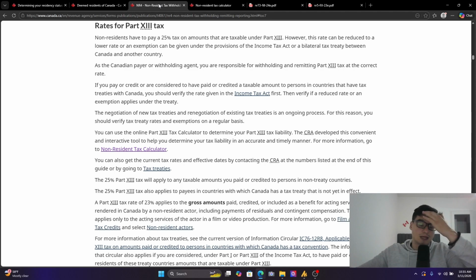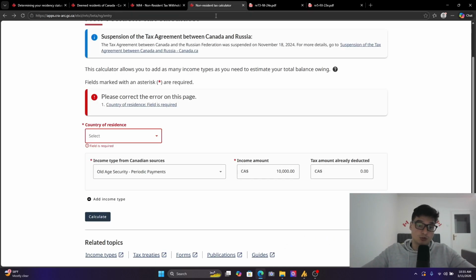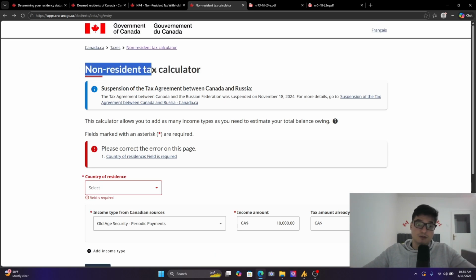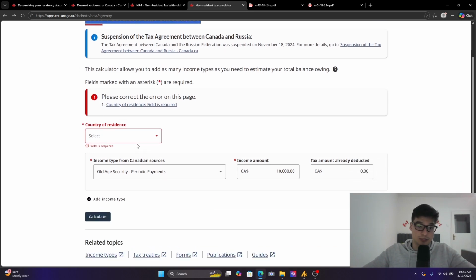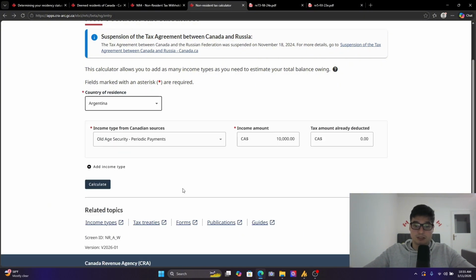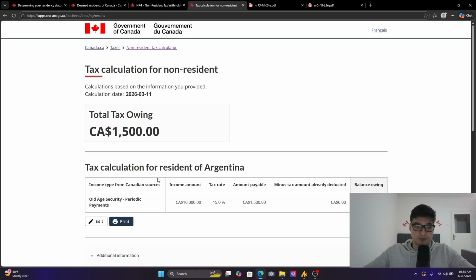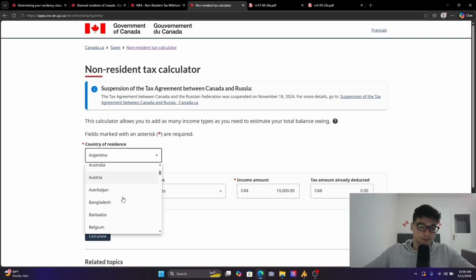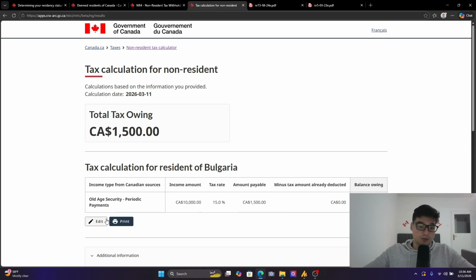Okay, so if that happens and you are considered a non-resident and you want to see if there's a treaty, you can go onto the website and use the non-resident tax calculator. You select the country you want to be in. So we'll just start with Argentina here. We put $10,000 in our old age security. How much will we have to pay? They have a 15% rate, which is very good. If we go down to Bulgaria, 15%.